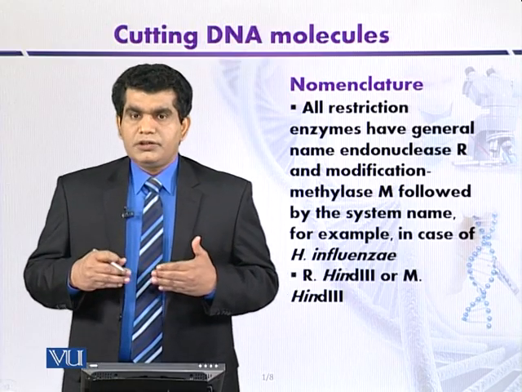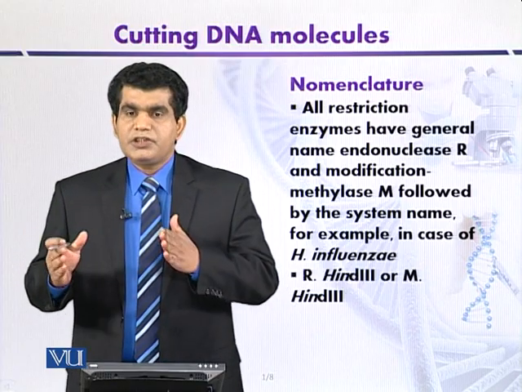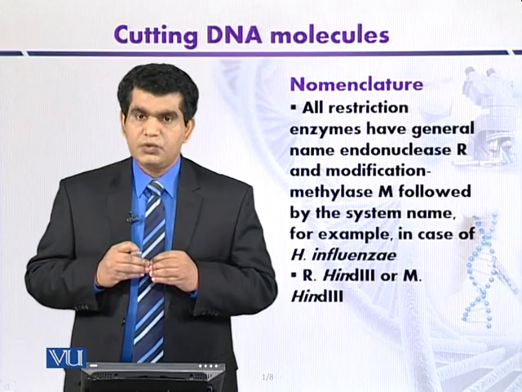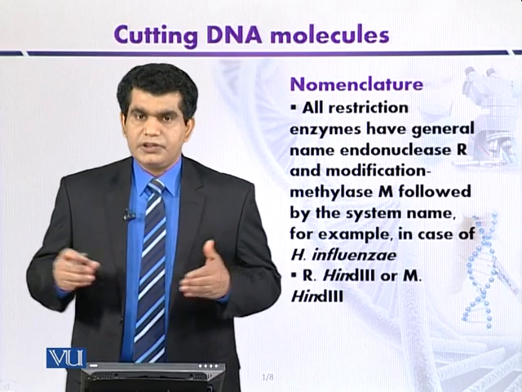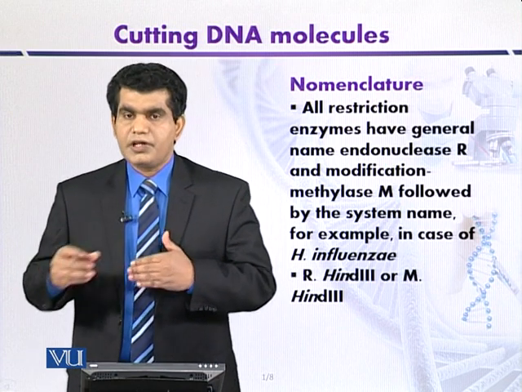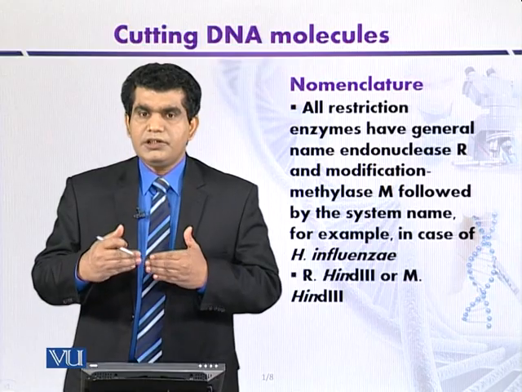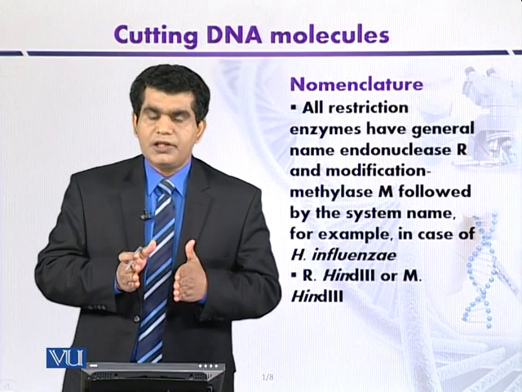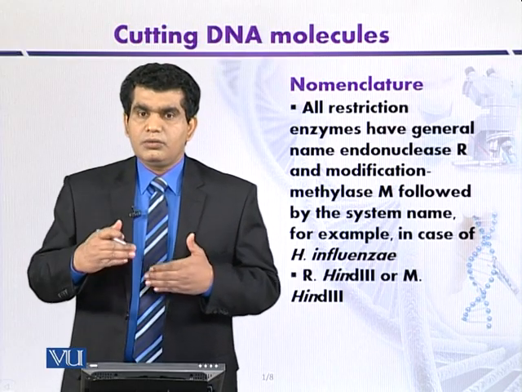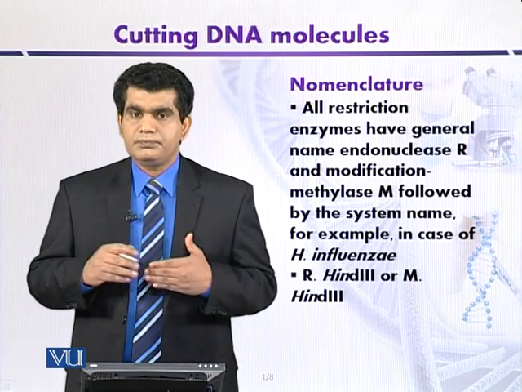As I told you, type 2 restriction enzymes may have separate enzymes for restriction and modification. So they may also be differentiated as to whether it is a restriction enzyme or a modification enzyme. Before the full name, like HIND 3, if it is a restriction enzyme, the letter R is added, like R dot HIND 3.